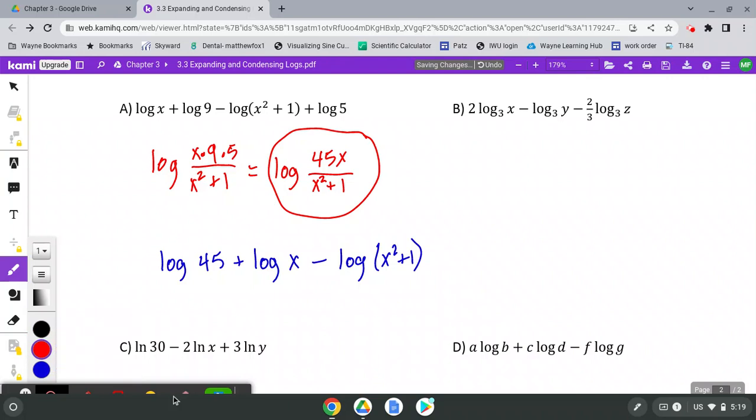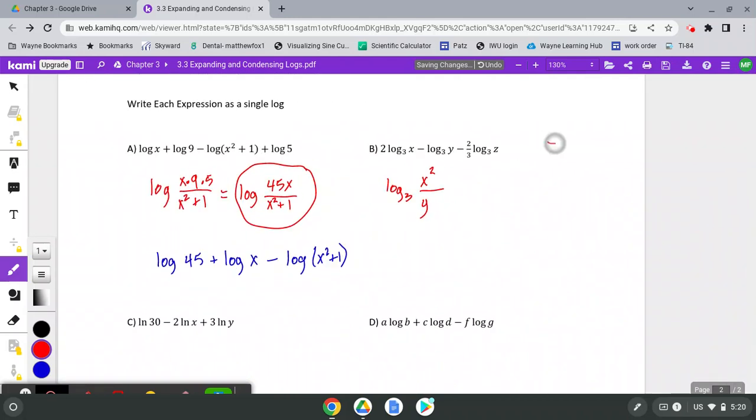So our next one here, it'd be log base 3. I'm going to go ahead and do all this kind of at once. So x squared, because we know that 2 goes up there, minus, so this will be on the bottom, y, and then this is 2/3. So a couple options.